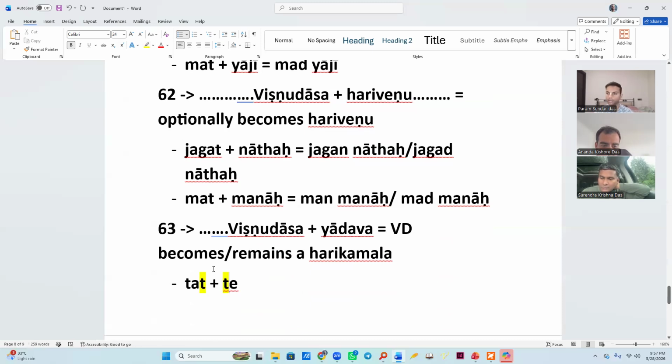So the Vishnu Dasa is already a Hari Kamala, so it will remain a Hari Kamala. Like Tatte Anukampan Susamikshamano. So the point is, this sutra is blocking the application of 61.